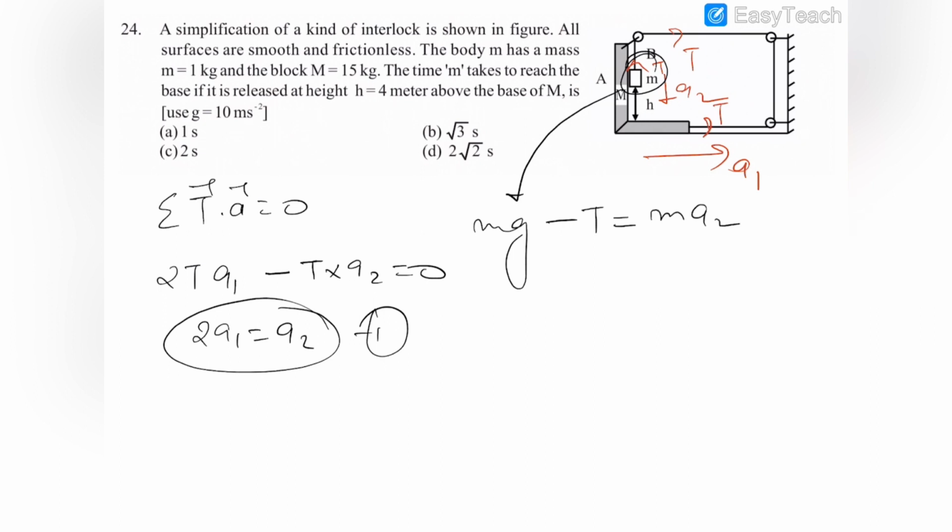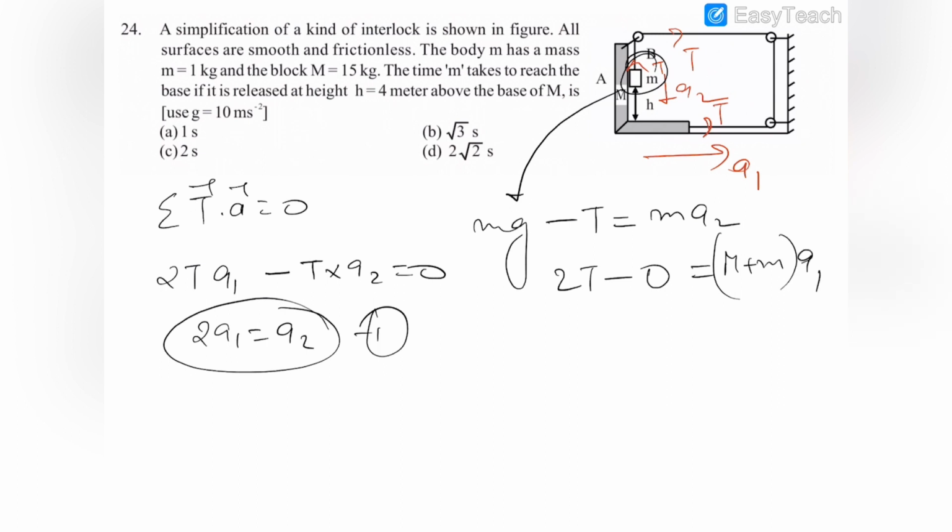And on this complete system, which is moving towards the right hand side with an acceleration of a1, 2T minus 0, because no force is acting in the backward direction, will be equal to (m plus m) into a1.